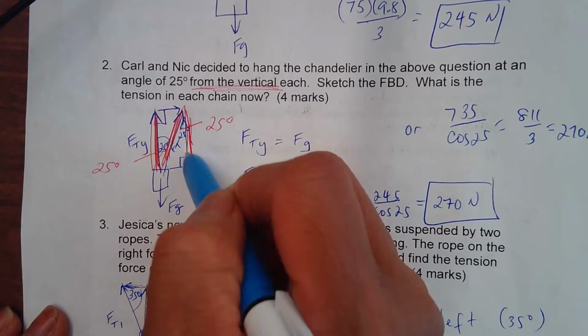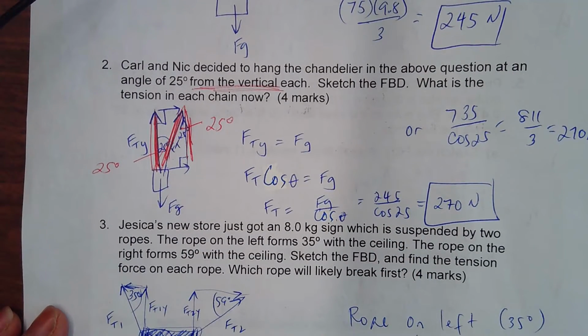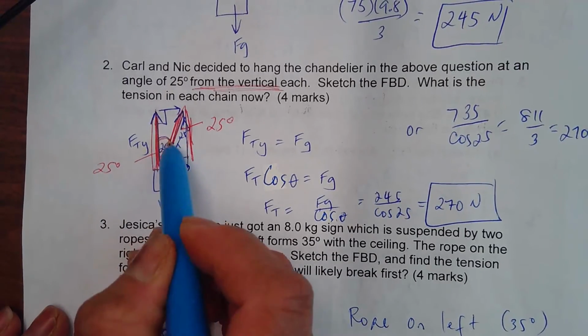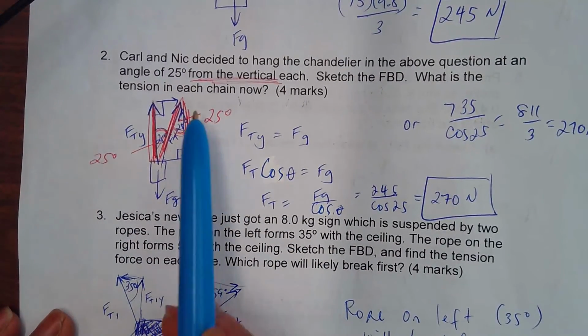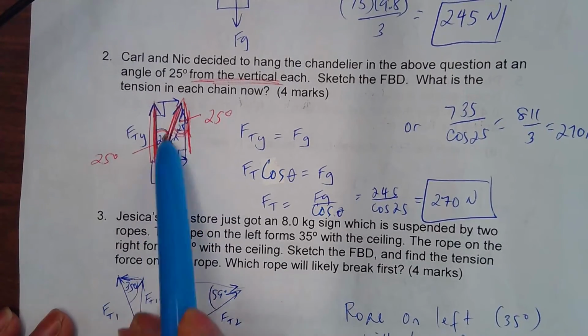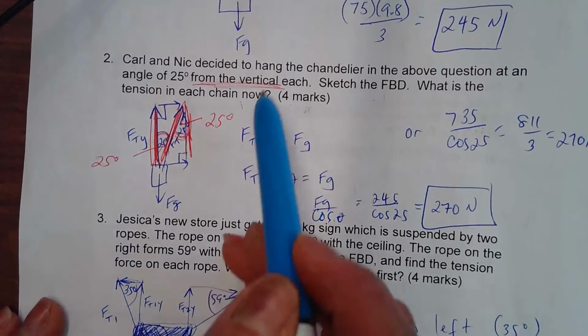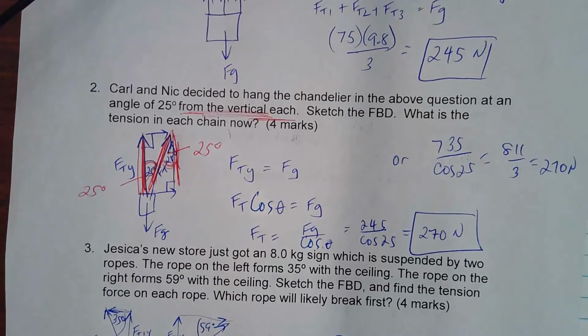See the Z? It's not even the Z, but you know what I mean. So this angle is the same as that angle. They're congruent. Okay, so the mistake that I saw here is labeling the wrong angle. You've got to make sure that you have the right angle there. So from the vertical, you have to measure it from the y-axis.